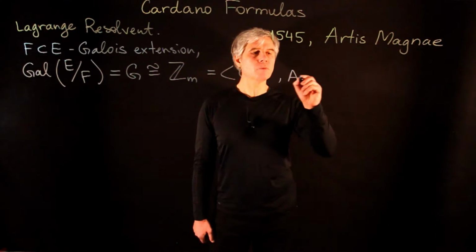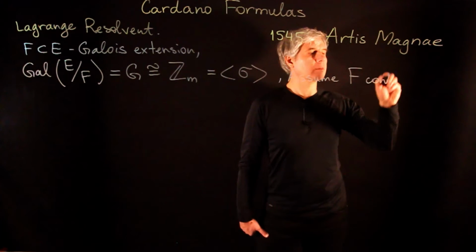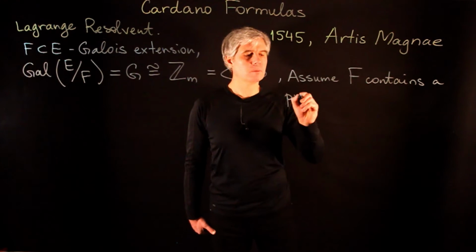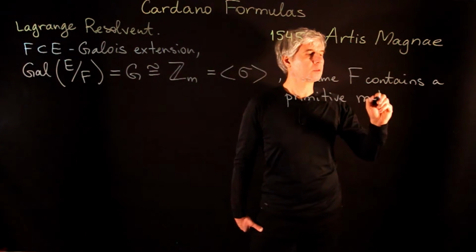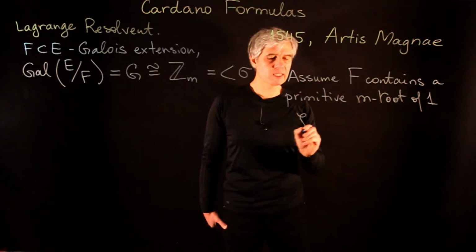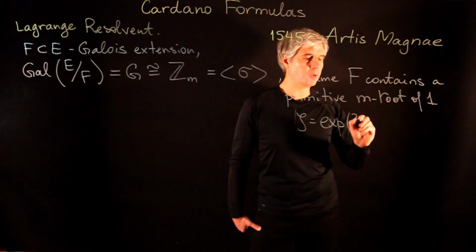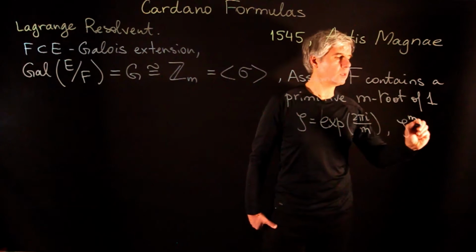And we assume that F contains a primitive mth root of 1, which we denote by zeta. Well, it's exponential of 2 pi i over m. So zeta to the power m is equal to 1.